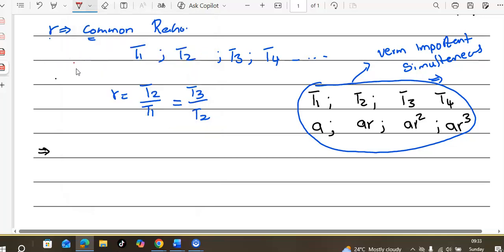So I'm just going to say note. If you find that your R is between 1 and what? And minus 1. If you find that your R is between 1 and minus 1, just know that your series is converging. It's a converging geometric sequence, okay?